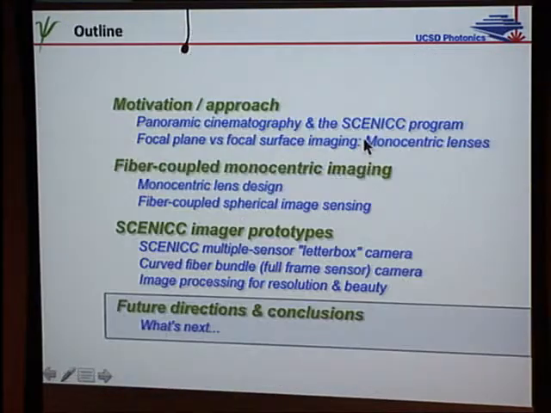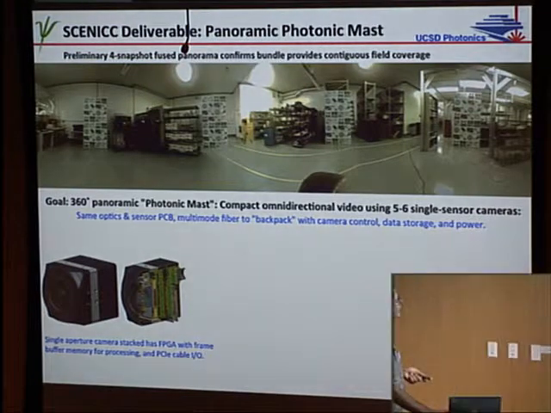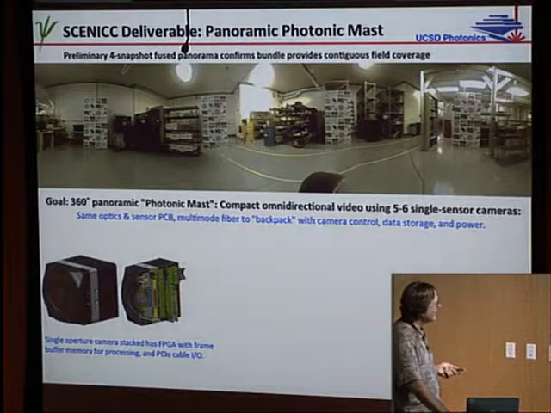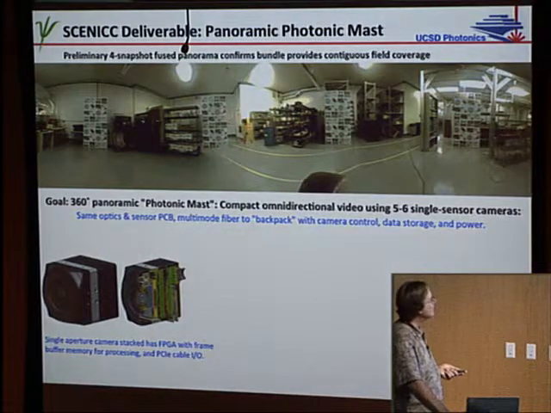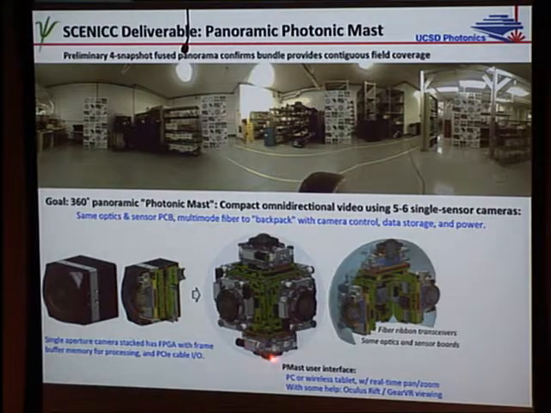So, final future directions, well, what we're doing this summer for fun and profit, and I emphasize that it's still summer in San Diego, because this deliverable is supposed to be done this summer. We're going to take, instead of this single aperture camera, 5 of the apertures and put them into a very compact format. This is a cool system. It uses fiber optics. Tom, you'll like this.